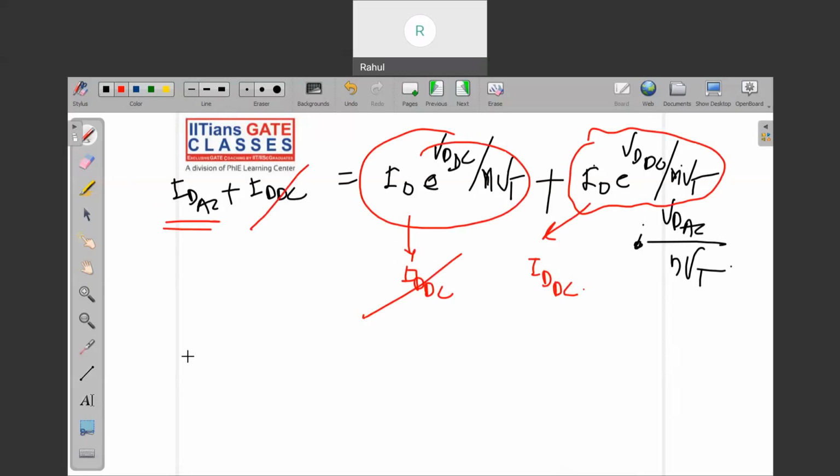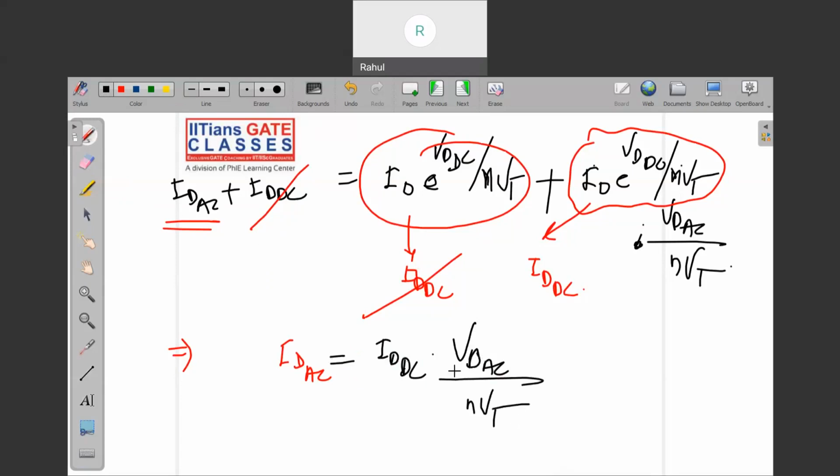Now what we can say here is that IDAC, the diode current of the AC equivalent, is, sorry, not plus here, now it has been cancelled. So this is equal to ID DC into VDAC by ηVT.